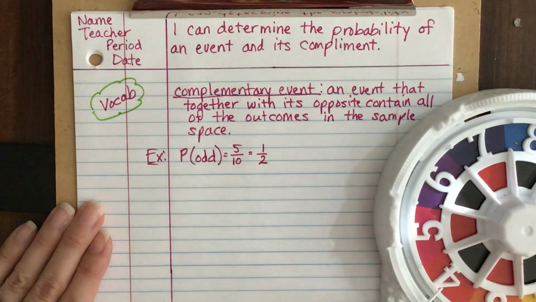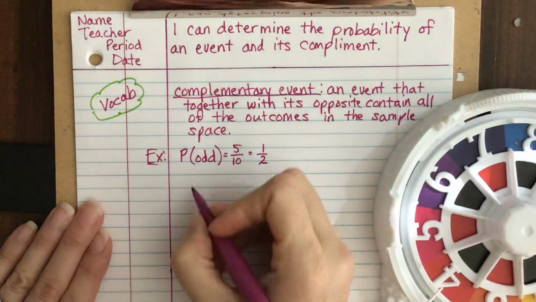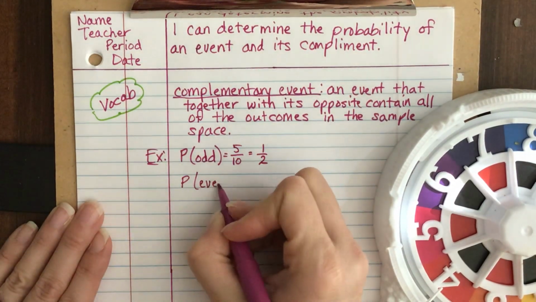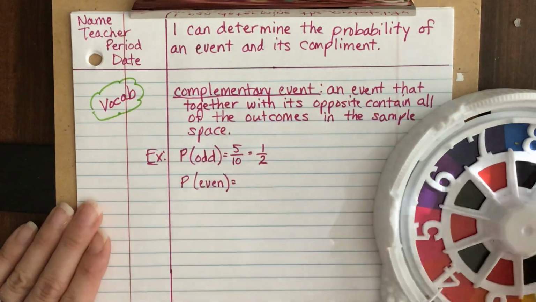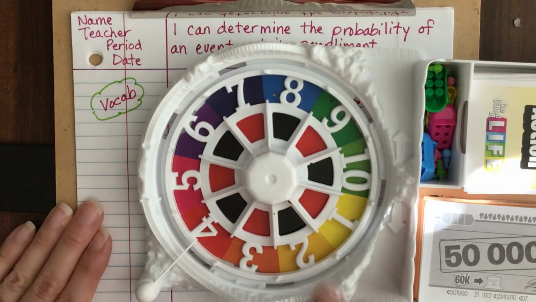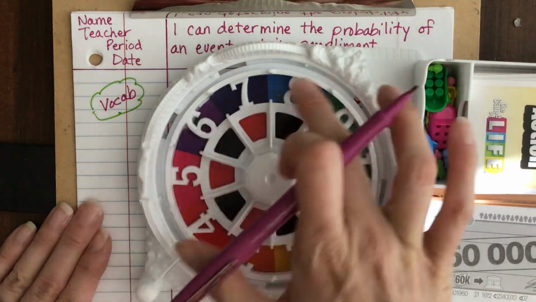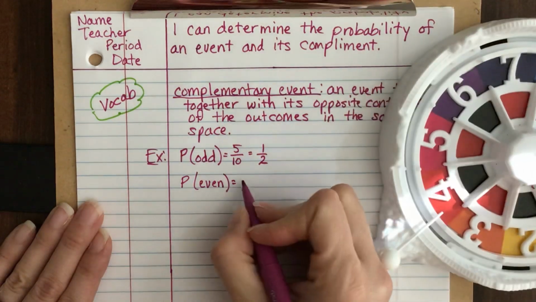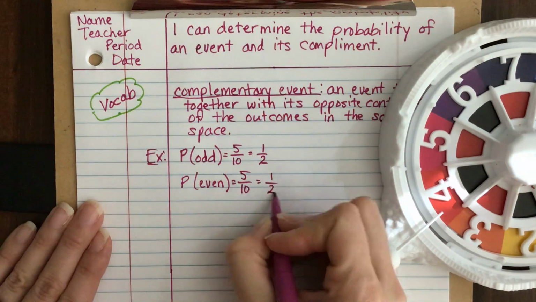Now the complement of this is the evens, which hopefully your logic can tell you already. It's going to be 5 out of 10 because 2, 4, 6, 8, 10, that's 5 out of 10 that are even, which we can reduce to 1/2.